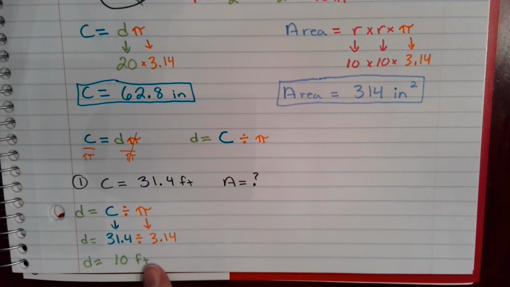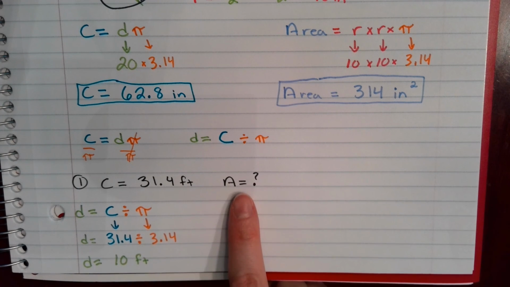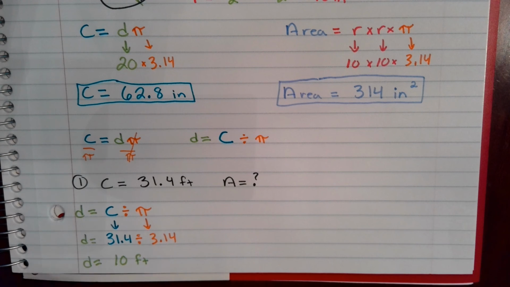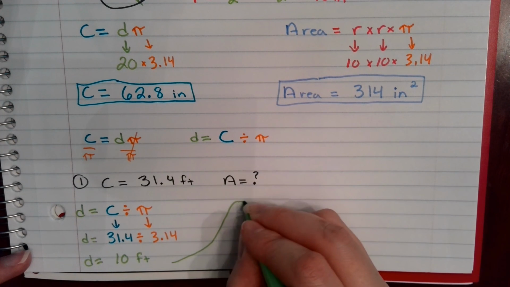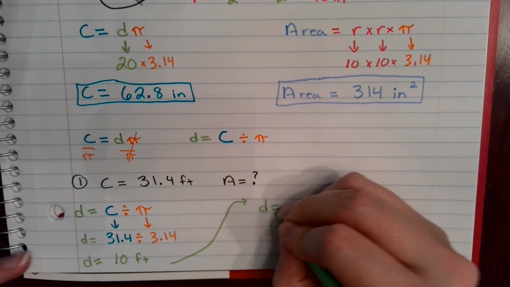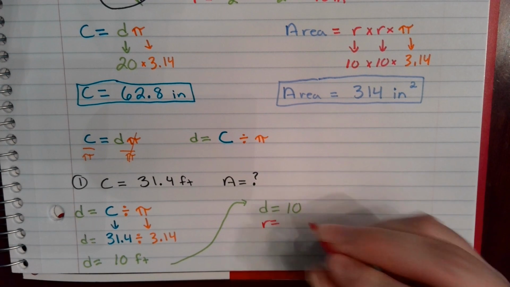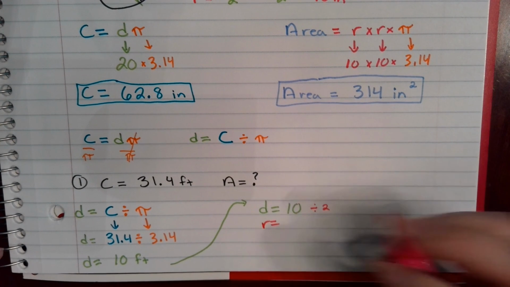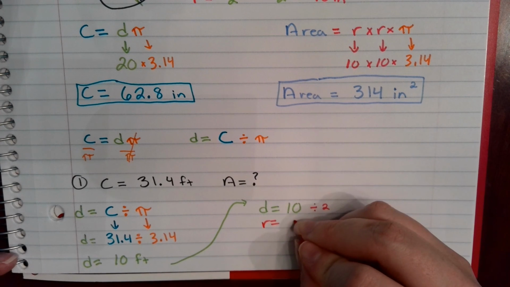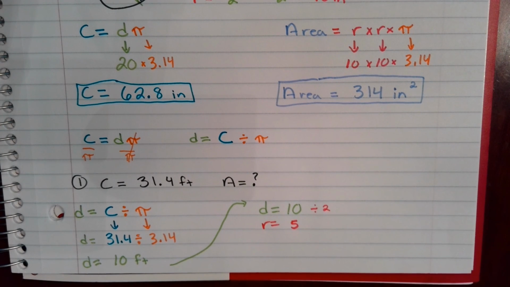Now, I didn't want the diameter, I wanted the area. So I could then take that diameter. I know diameter is equal to 10, and if I divide that by 2, that's going to give me a radius of 5. So now I know the radius and I can plug it into my area formula.